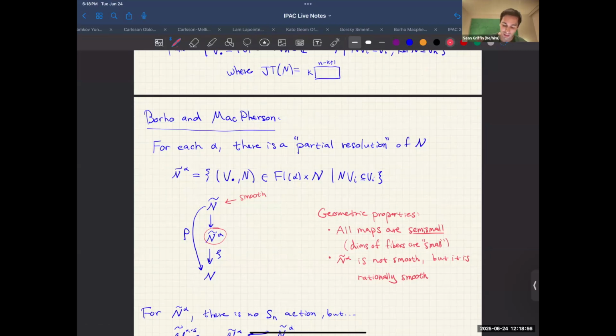Essentially this means that the local cohomologies are the same as the local cohomology of a smooth variety. So at least for many calculations involving local cohomology or cohomology, you can imagine that it's smooth, even if it's not.